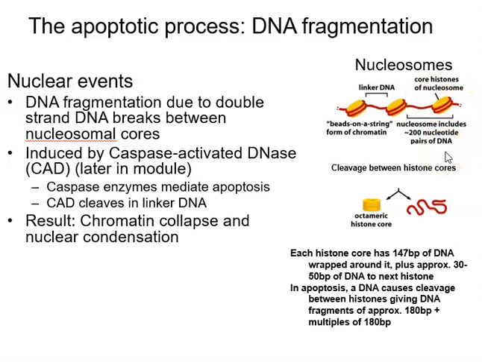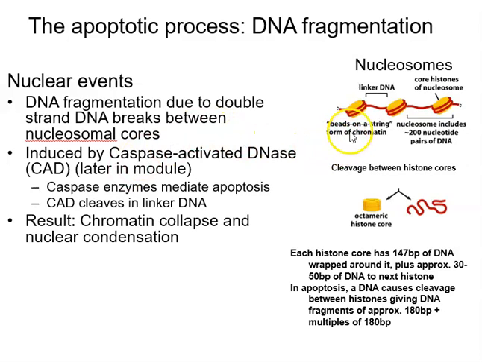Now this means that if you cleave DNA somewhere between here and here, that was about 180 base pairs of DNA, and this is what we see. We'll see later on in the module that caspase activated DNAase, CAD, will crop up in the intrinsic apoptosis lecture, and in the methods of analysis of apoptosis. This caspase activated DNAase becomes activated specifically in apoptotic cells.